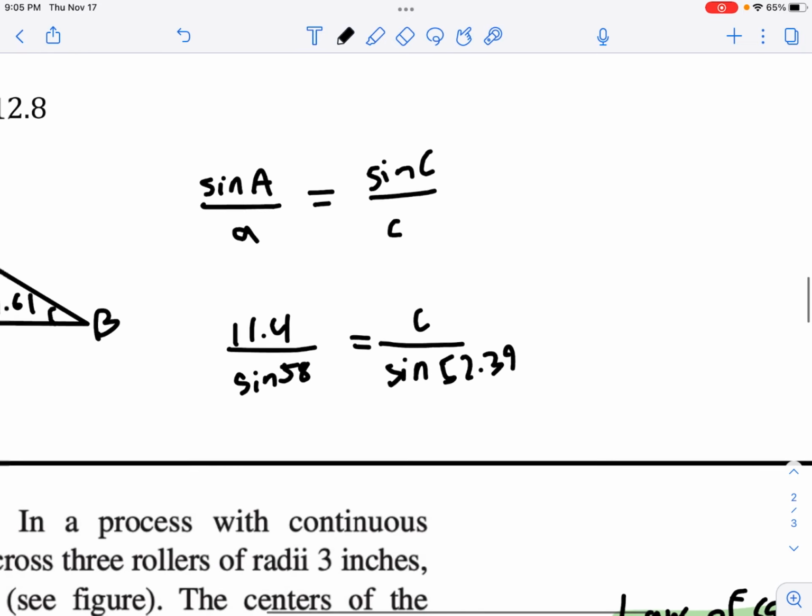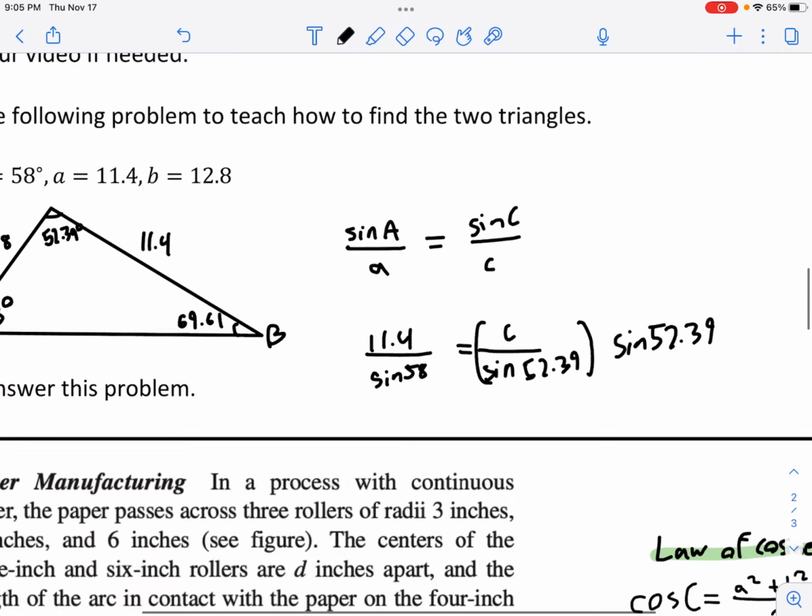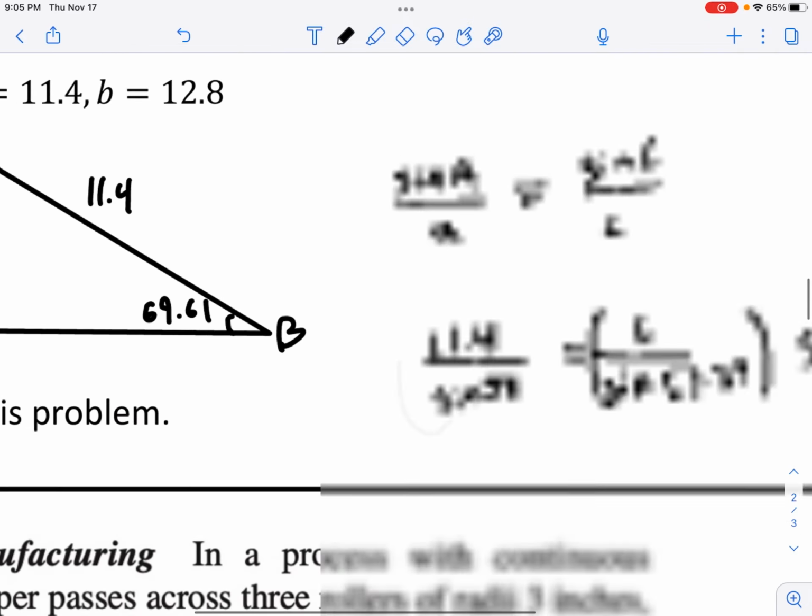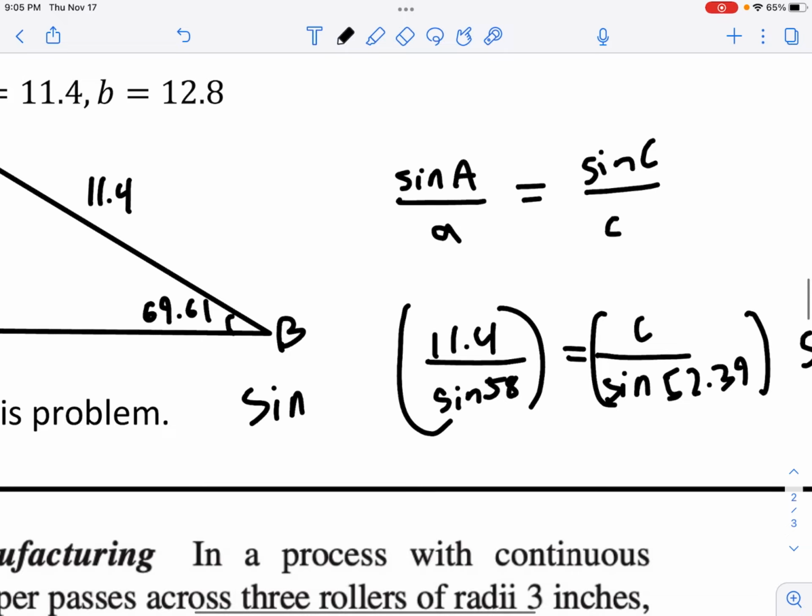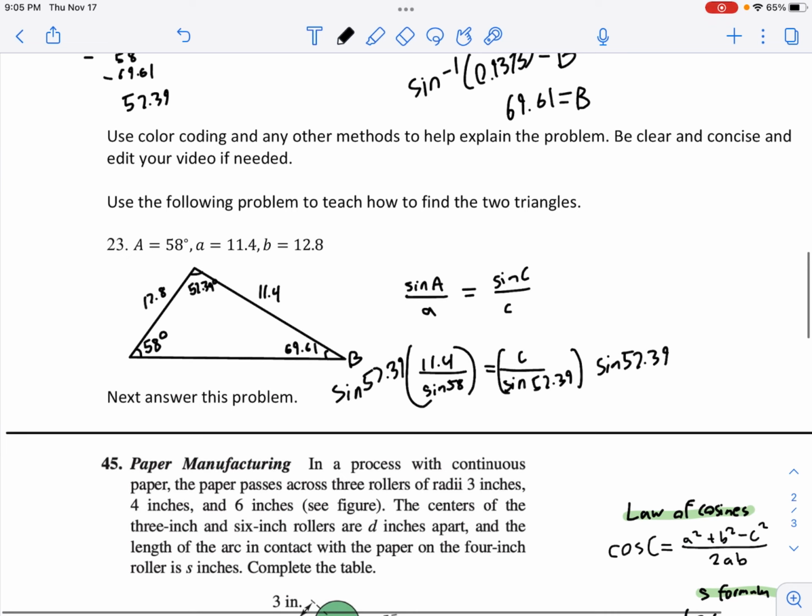Simply now, we just multiply sin 52.39 to each side, and we'll have our answer. We'll have our C. So I'm gonna do that right now.